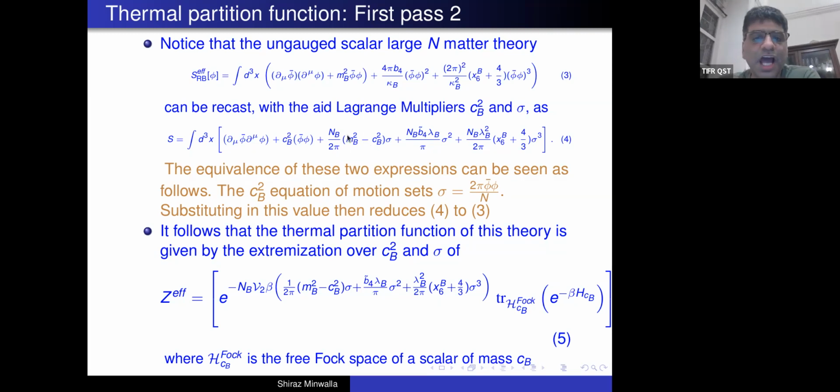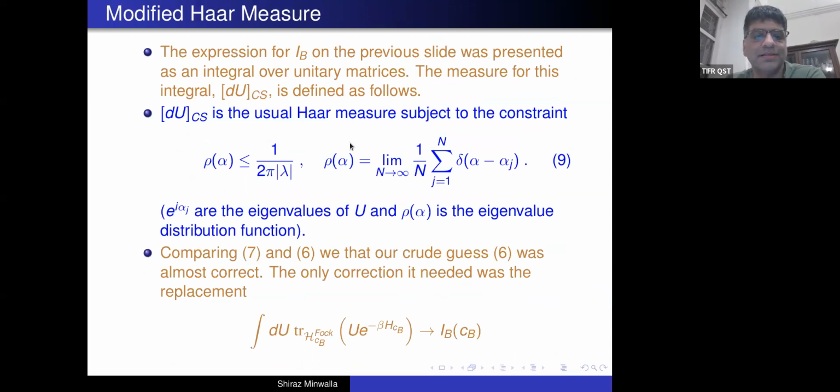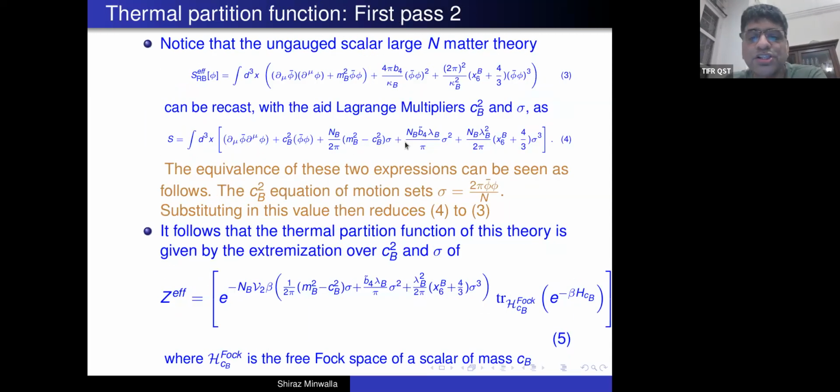The Lagrange multiplier terms have been added so that the equation of motion with respect to CB square tells you that sigma is equal to phi bar phi.